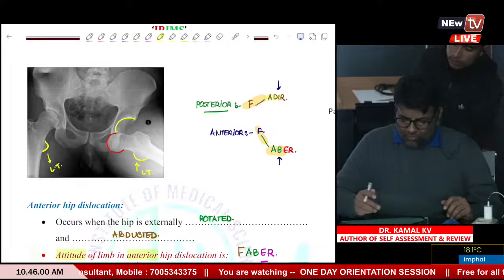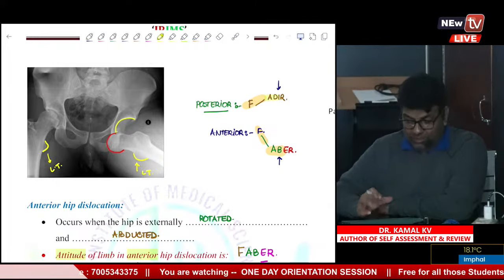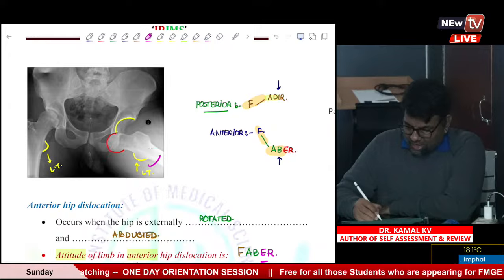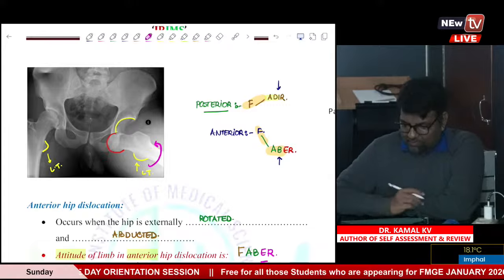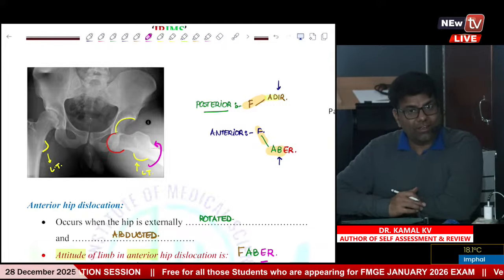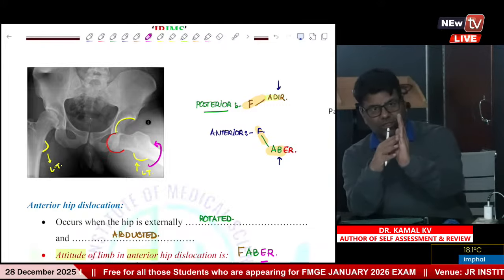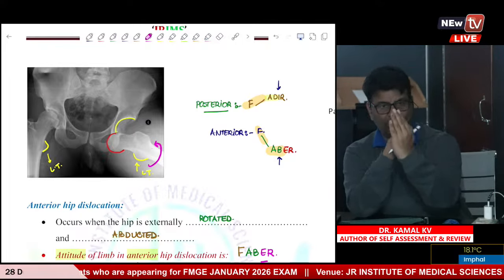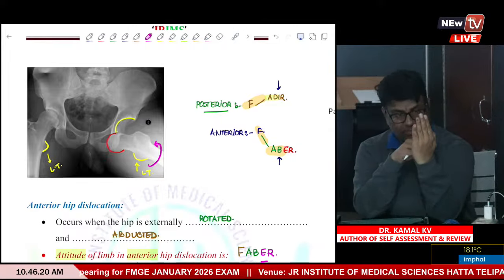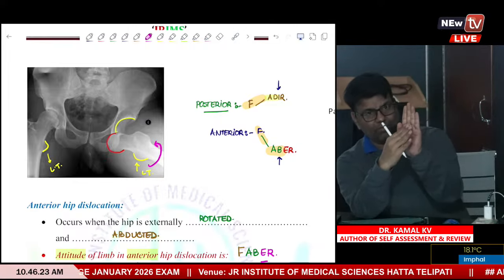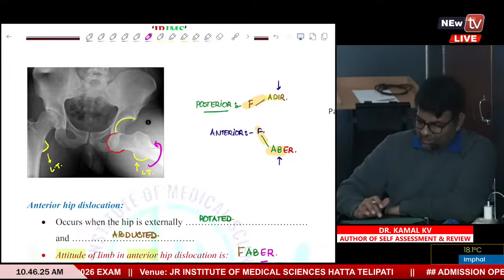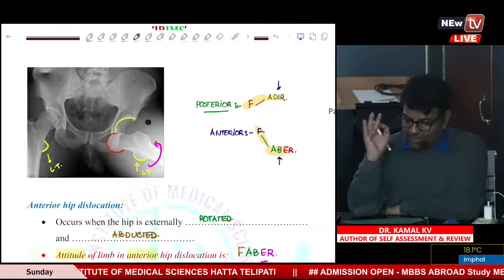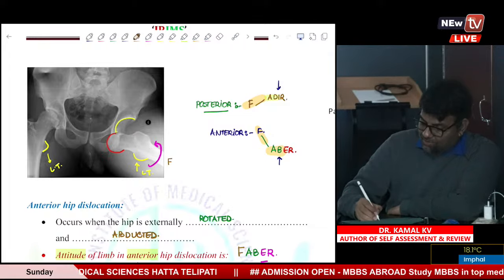The one on the injured side is very prominent. And prominent means which deformity? External rotation. If it is internally rotated, the lesser trochanter will come behind and we cannot see it. If there is external rotation, it will come in front and we can see it prominently.